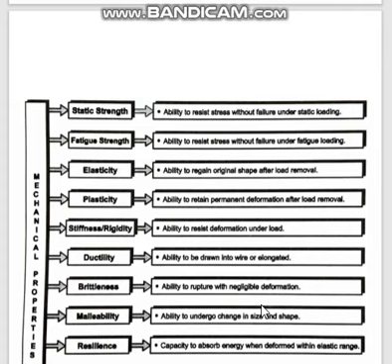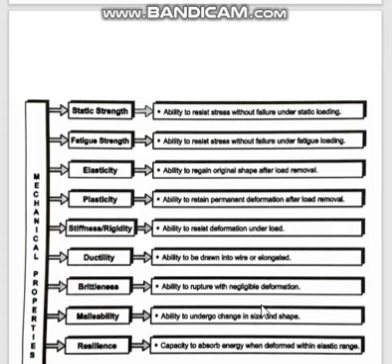Then what is static strength? Static strength means how a material can resist the static load: the ability to resist static load without failure. That is called static strength. This static strength is normally given by yield stress sigma y or ultimate stress sigma u.